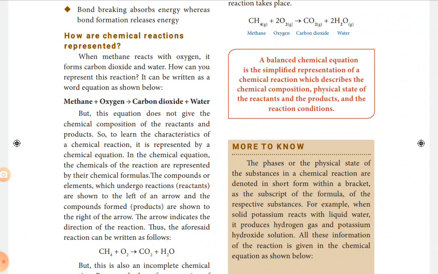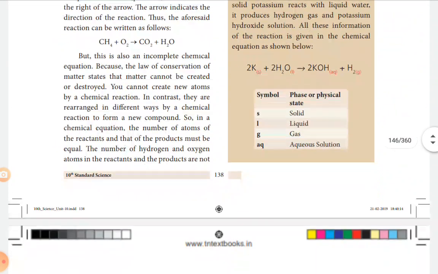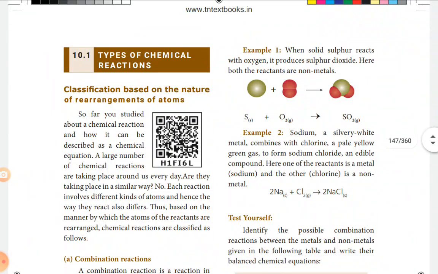Then the types of chemical reaction, we learned about combination reaction. In the combination reaction also, there are three categories: element and compound, compound and element, then compound reacts to give another compound.